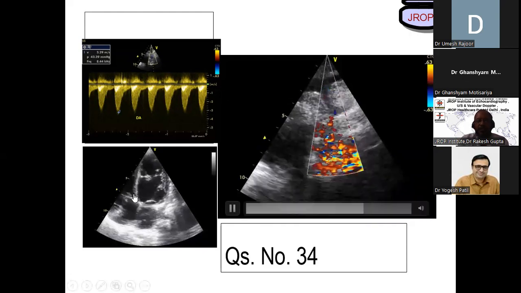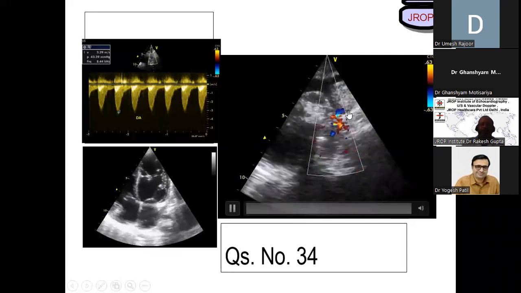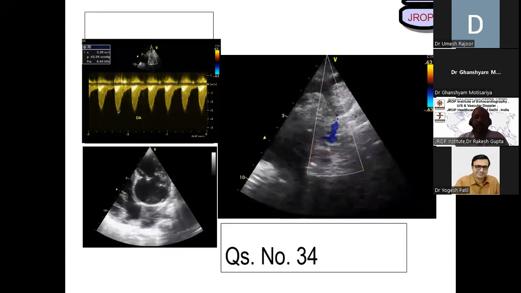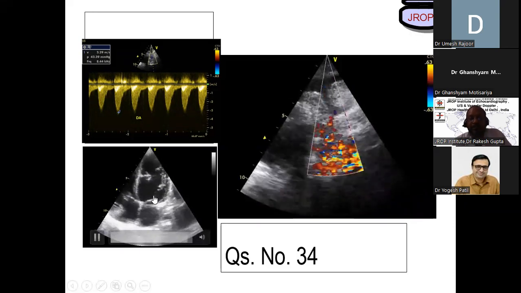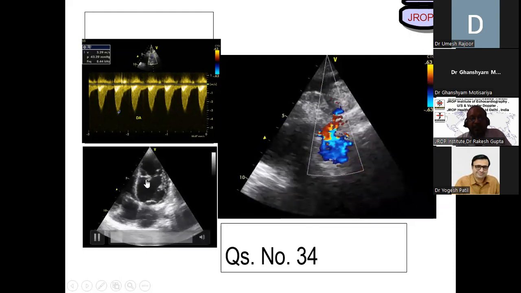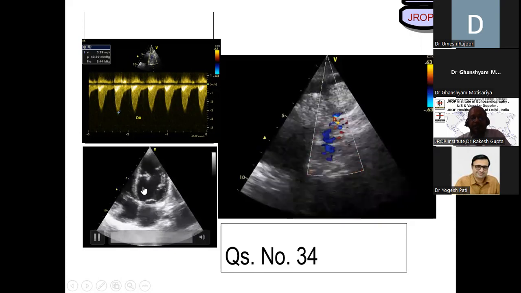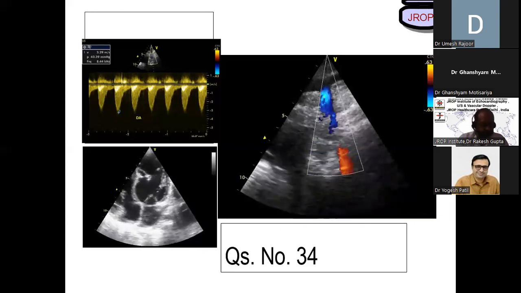Because of this coarctation of aorta, the LV function had gone down. Coronaries were normal. And this is the moderator band, which looks like it is dividing the LV from the RV, because the LV is dilated in this newborn. This is how the picture presents.